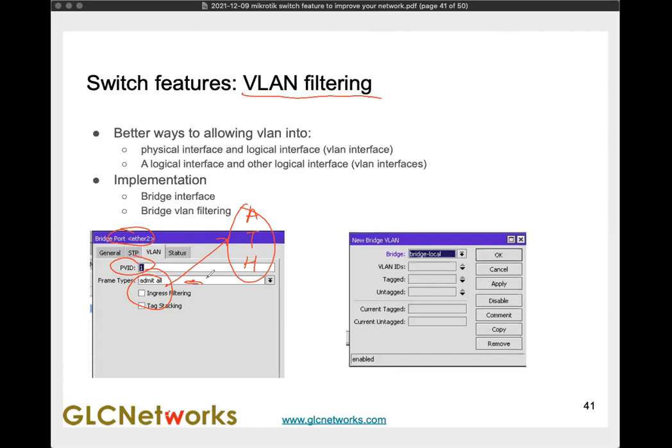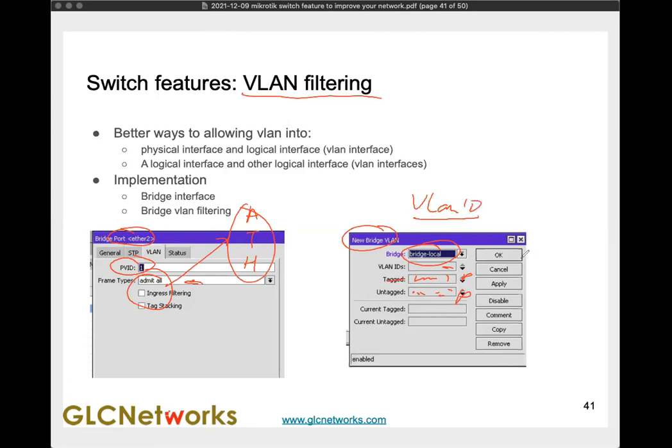Okay, and then we set up the filtering. We set up a bridge local, and then here's the VLAN ID. For the tag VLAN it's this one, for untag it's this port. This is the list of ports where we say that on this port it is tagged for a particular VLAN, for example VLAN 10.